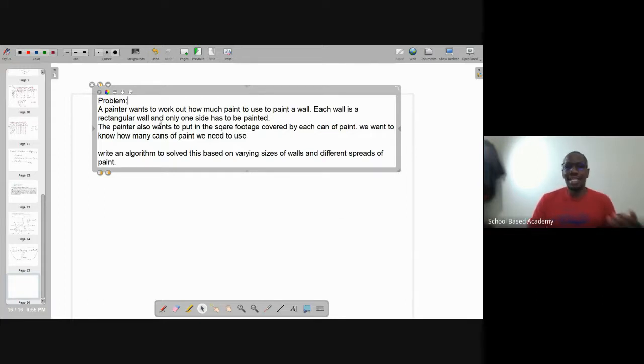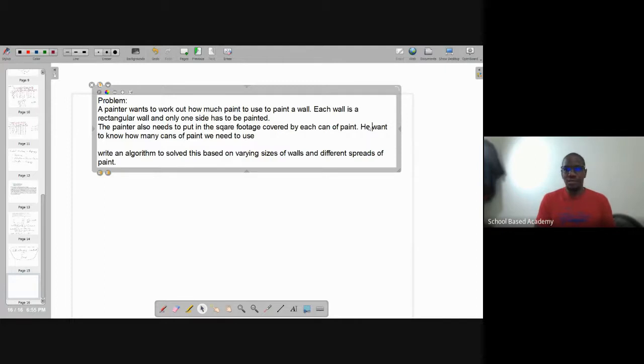Problem. A painter wants to work out how much paint to use to paint a wall. Each wall is a rectangular shape, or it's a rectangular wall, and only one side has to be painted. The painter also needs to put in the square footage covered by each can of paint. We want to know how many cans of paint we need to use.